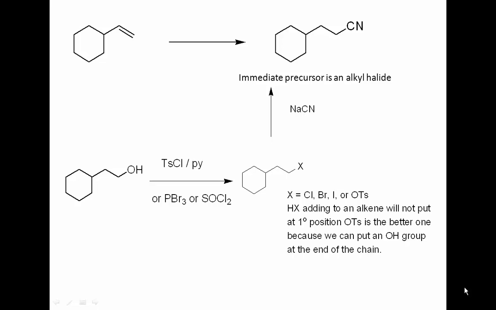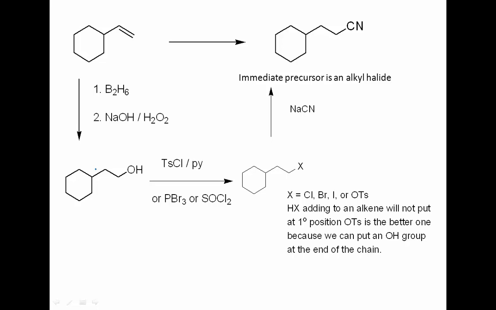How do you do the anti-Markovnikov addition of water across an alkene? And this is, of course, the boron reagent. Okay, so this transformation could readily be done in 3 steps using this sequence of reactions right here.